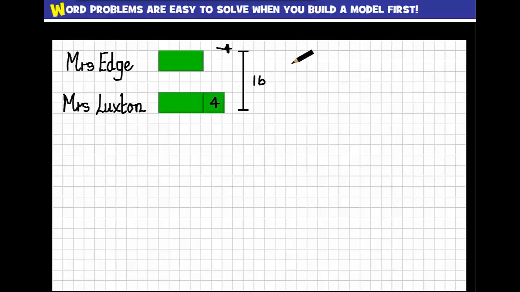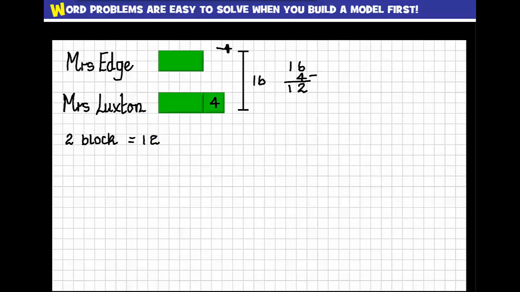So now we have 16 minus 4 gives us 12. So now I'm going to say 2 blocks are equal to 12.